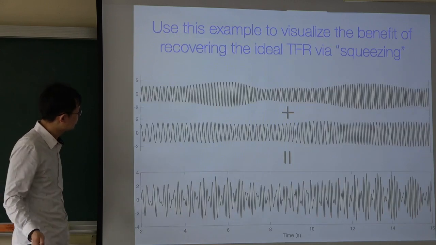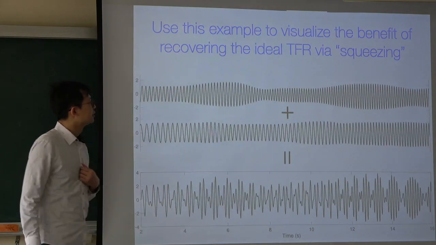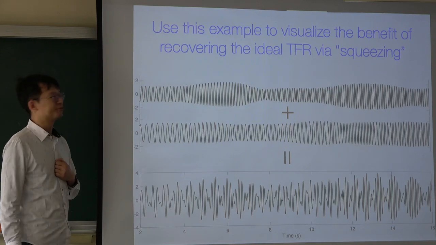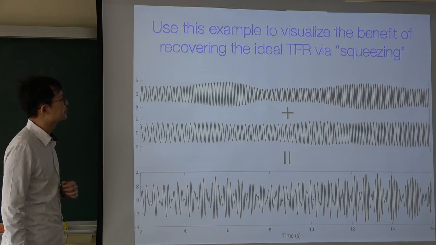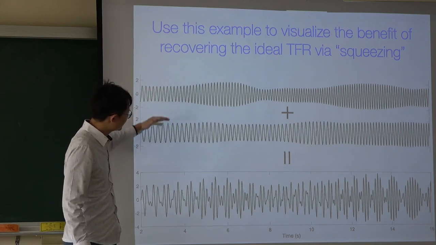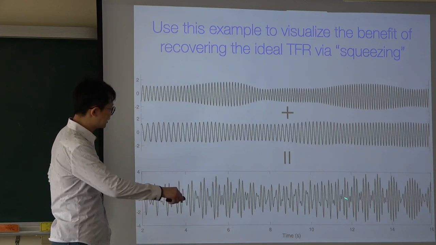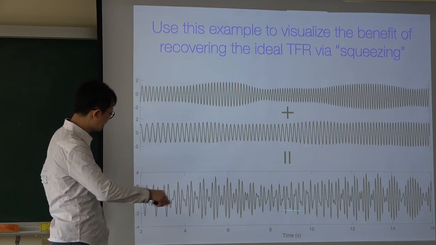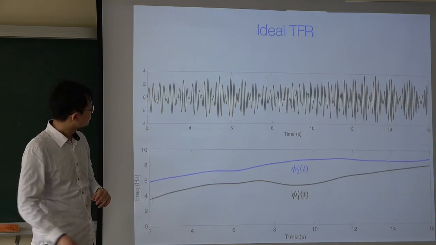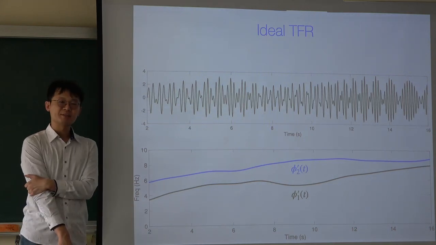And now we can use this example to further visualize the benefit of recovering the ideal time frequency representation via squeezing. So let's take a look at these two signals, and the summation is this guy. So you can see there are a lot of dynamics, right? The behavior here and there, they are different. And what is its ideal time frequency representation?